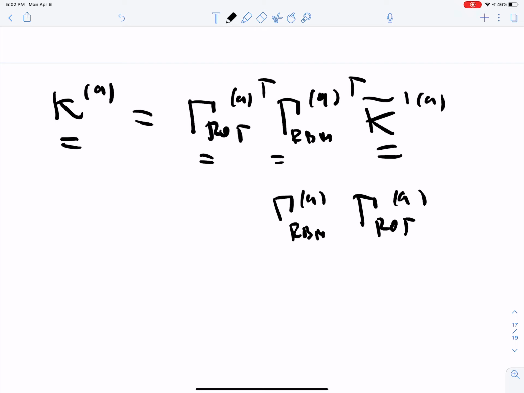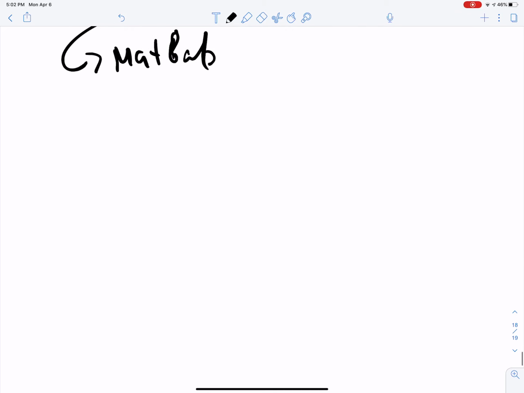Again, you probably shouldn't be doing these things by hand. You do this with MATLAB, and then you end up with something.